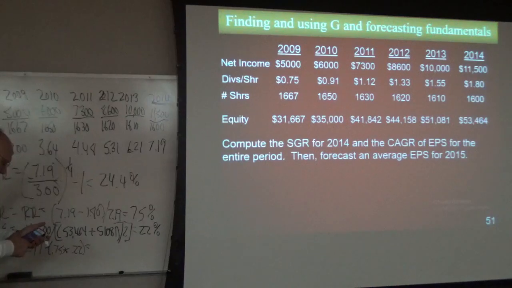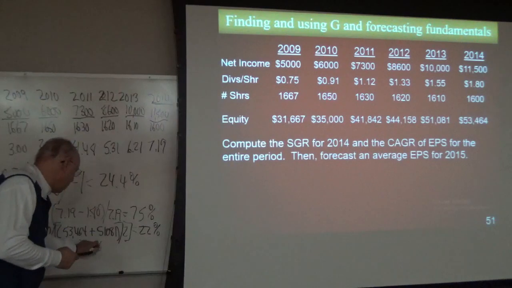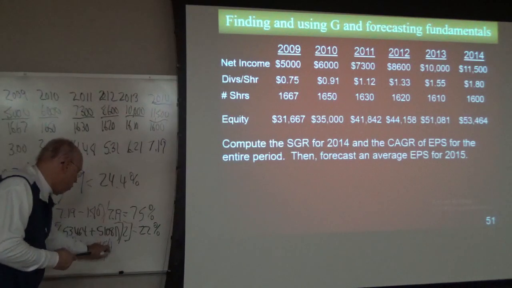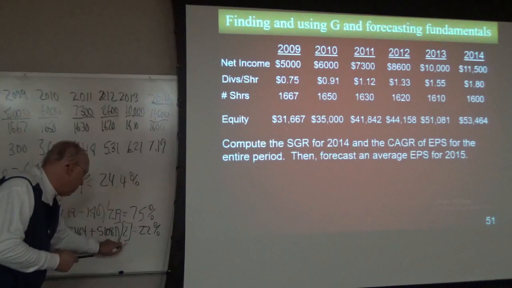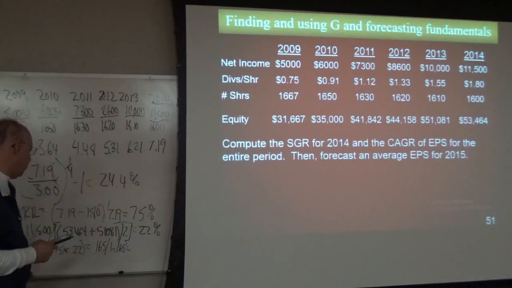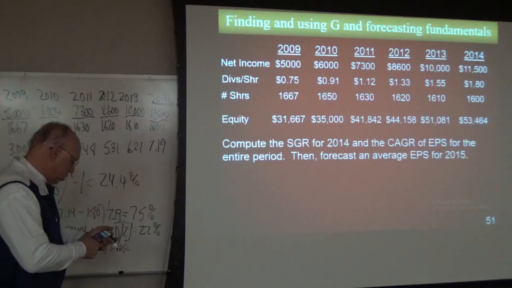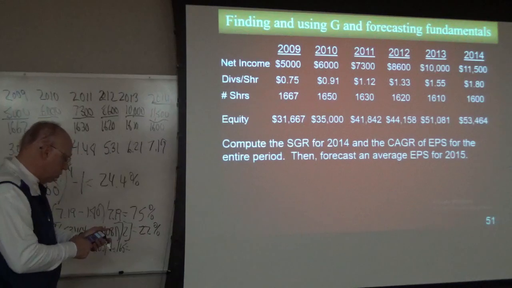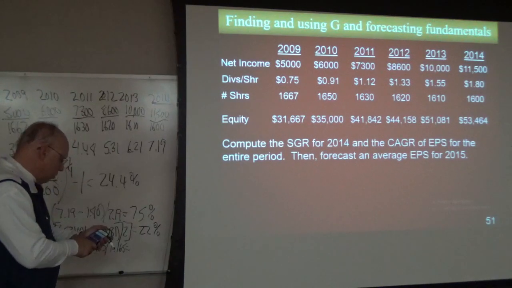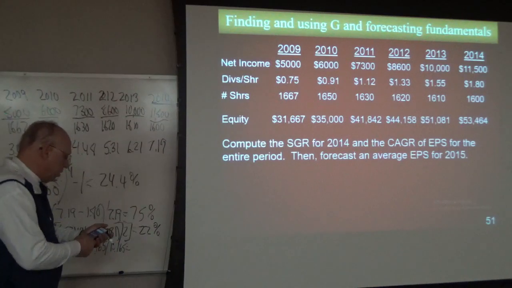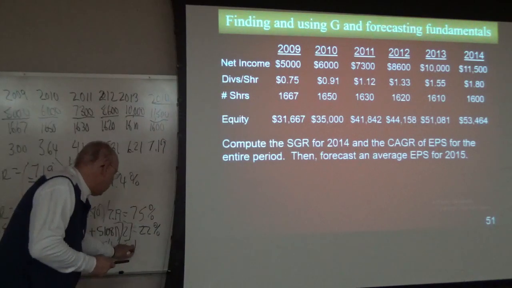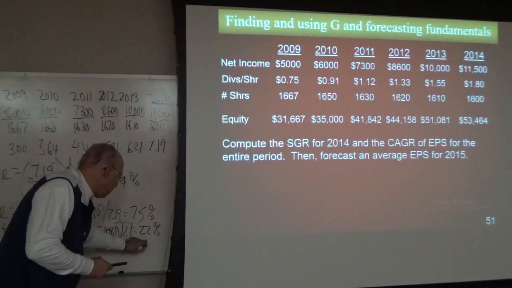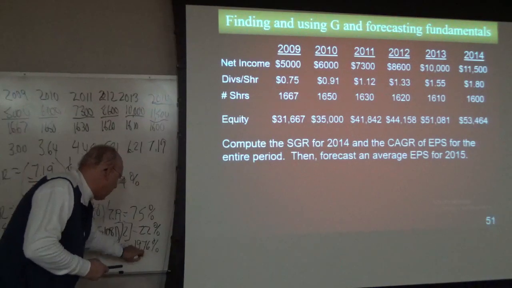And 0.75 times 0.22 is equal to 0.165 divided by 1 minus 0.165, which is 0.835. So 0.165 divided by 0.835 equals 19.76%, and that is our SGR.